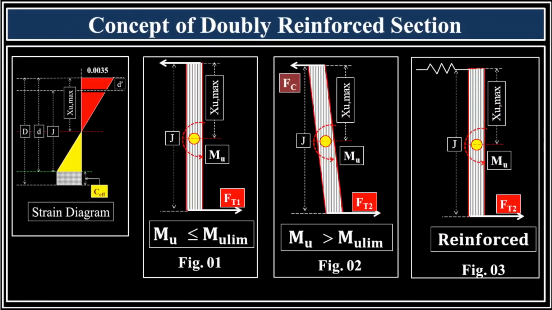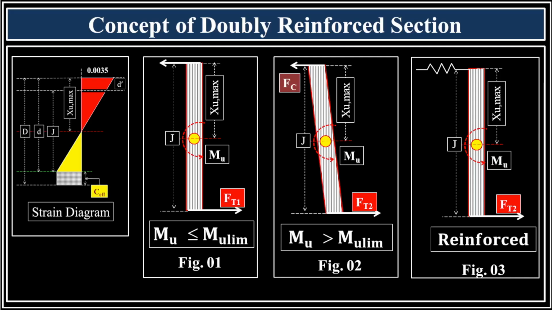As we discussed on the previous slide, when the calculated factored bending moment, Mu, exceeds the limiting moment of resistance, Mu lim, we are left with an excess moment. This excess moment requires an additional internal resisting couple. Essentially, the concrete in the compression zone has already reached its maximum capacity to resist the moment Mu lim.